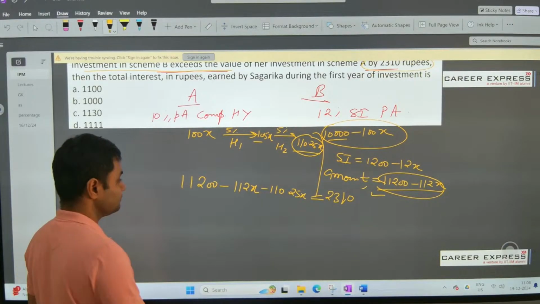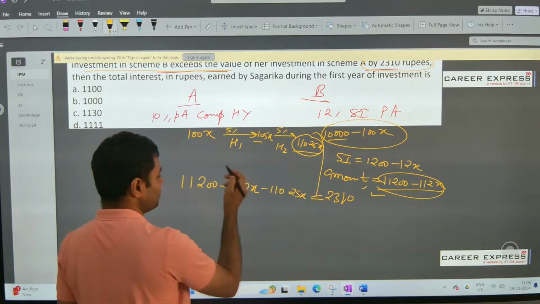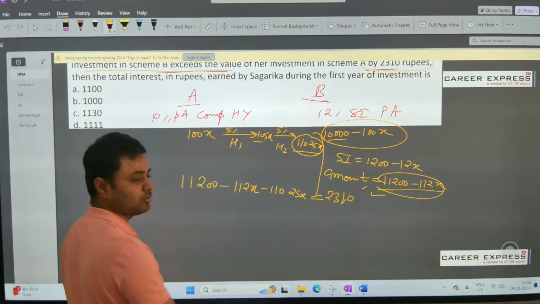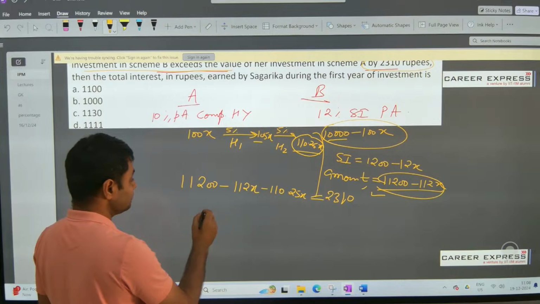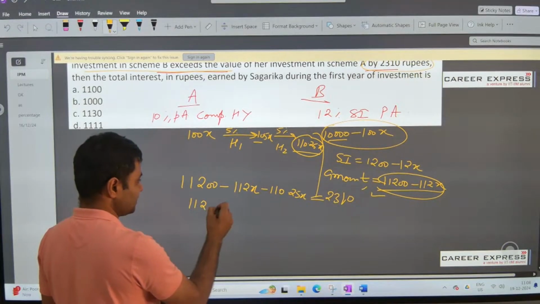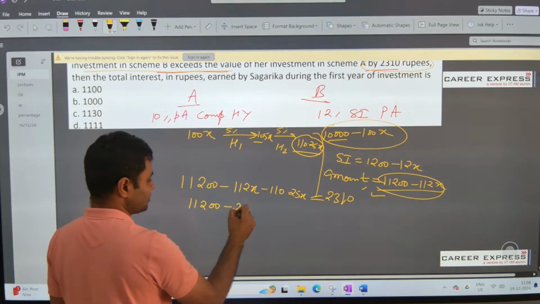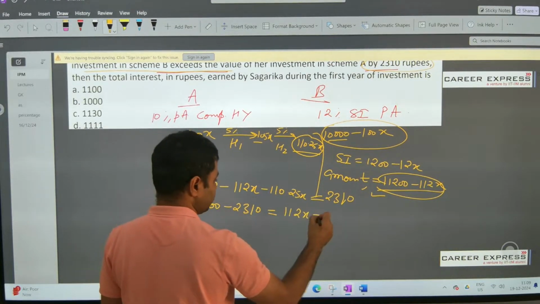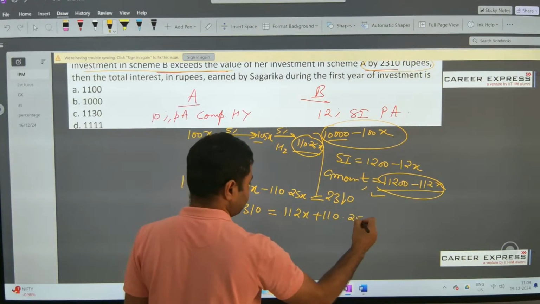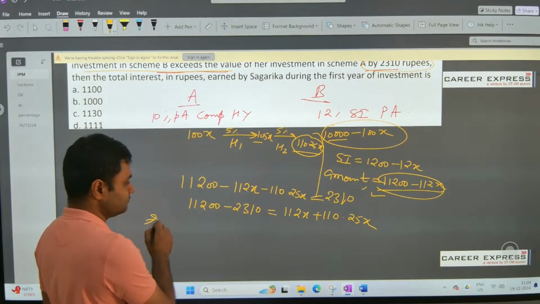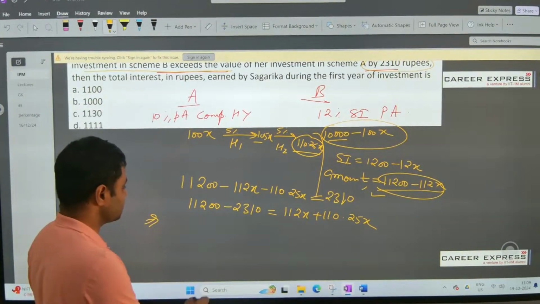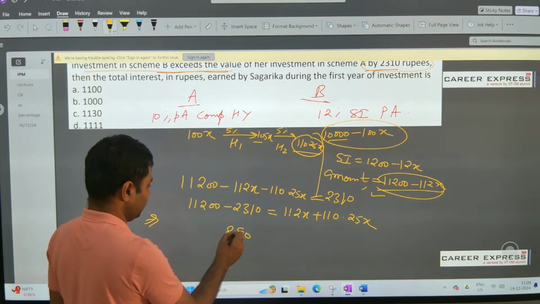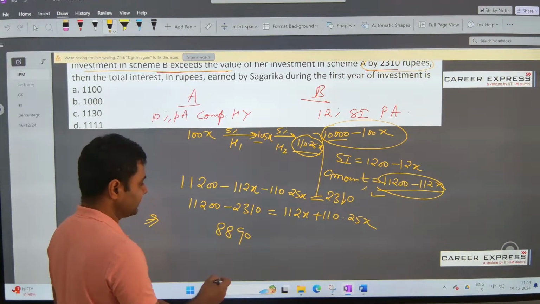Right? Now this 2310 can come on this side and the values of x can go on the other side. So 11200 minus 2310 should be equal to 112x plus 110.25x. So the difference is 8890.